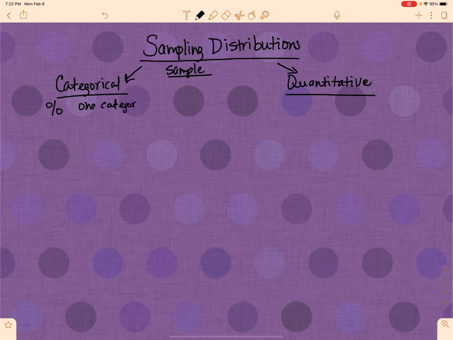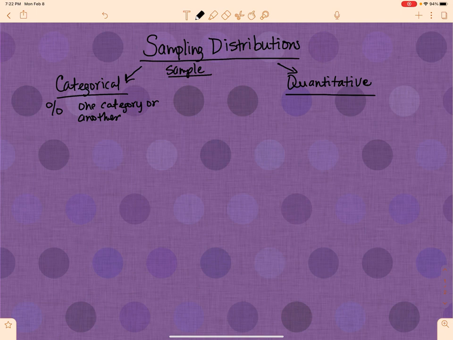One category or another. So it takes on that idea of binomial, right? So it reminds us of that. It either fits into one category or another.